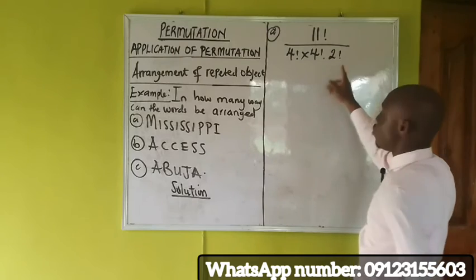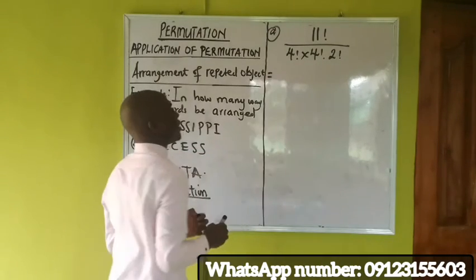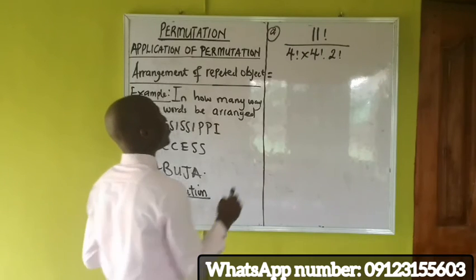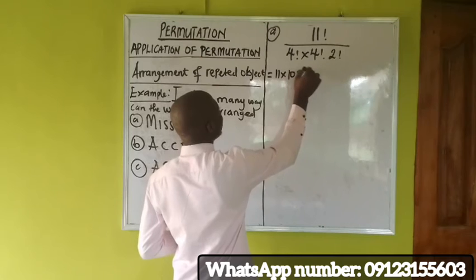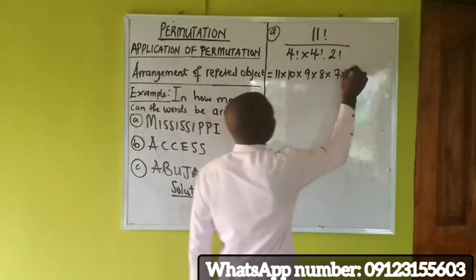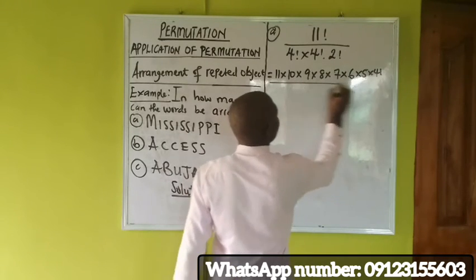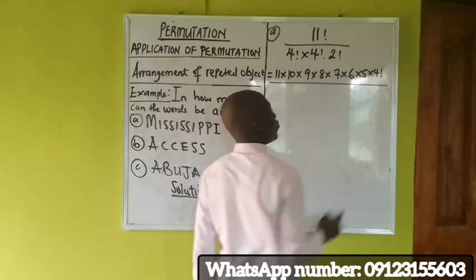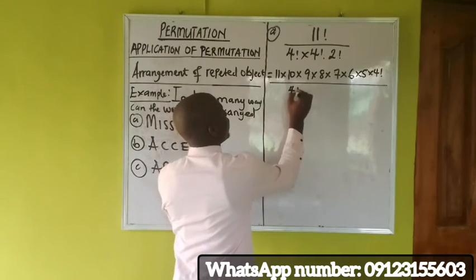Next up, I know that 11 factorial is simply 11 times 10 times 9 times 8 times 7 times 6 times 5 times 4 factorial, over. I use 4 factorial because I have 4 factorial here. I cancel out 4 factorial multiplied by 4 factorial multiplied by 2 factorial.